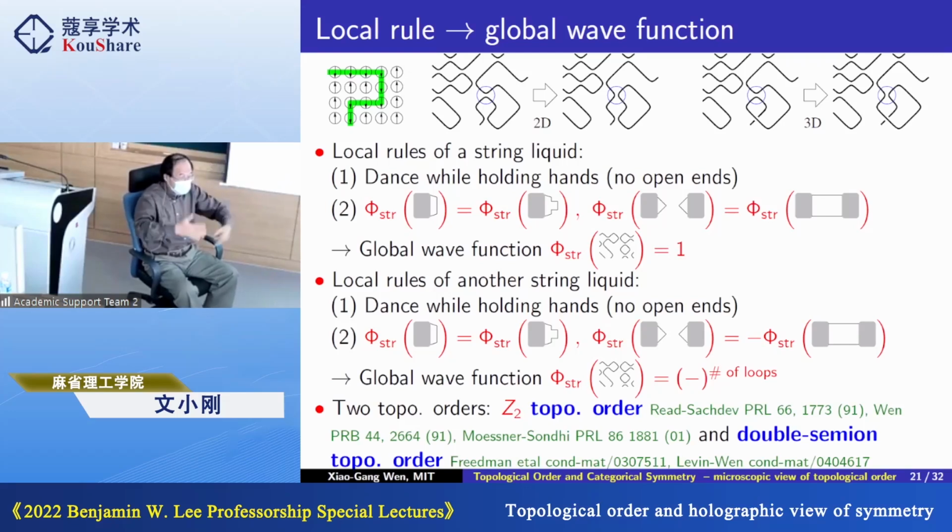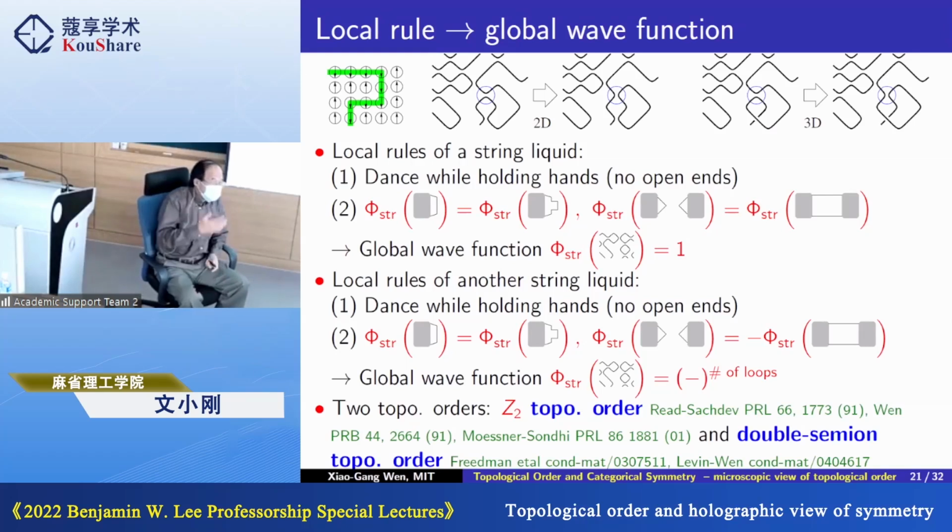That means the wave function is self-consistent. And this self-consistency implies that this Hamiltonian term, implementing this self-consistent dancing rule, actually stabilizes the code. They are commuting projectors.